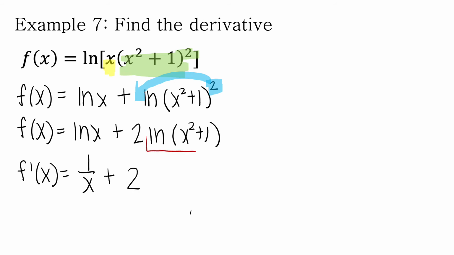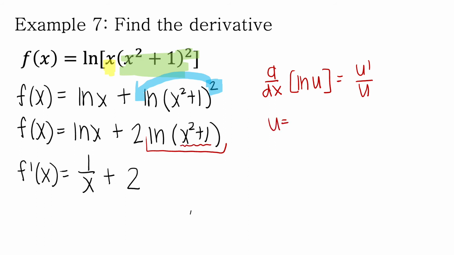Now all we have to do is worry about taking the derivative of the natural log of x squared plus 1. Again, let's remember the derivative of the natural log of u as a function of x is just equal to u prime over u. In this case, our u is going to be that inside piece, x squared plus 1, which makes our u prime, the derivative, just equal to 2x.